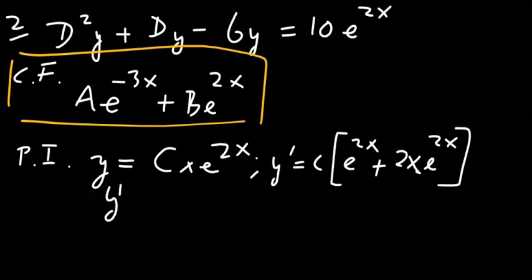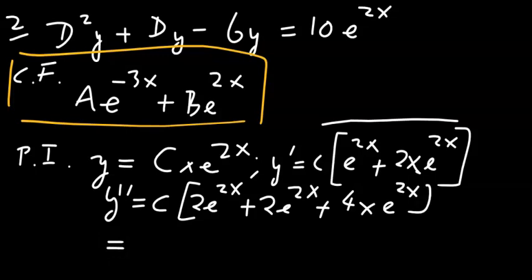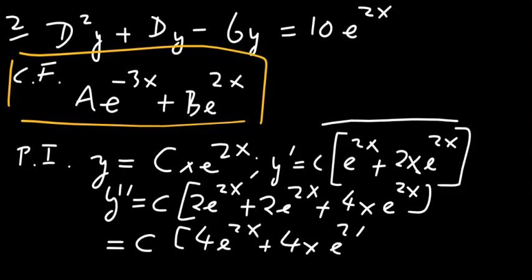The second derivative, y double prime, is obtained by differentiating this with respect to x, so you're going to get c times 2e^2x plus 2e to the power 2x plus 4x e to the power 2x, which means it is c times 4e to the power 2x plus 4x e to the power 2x.